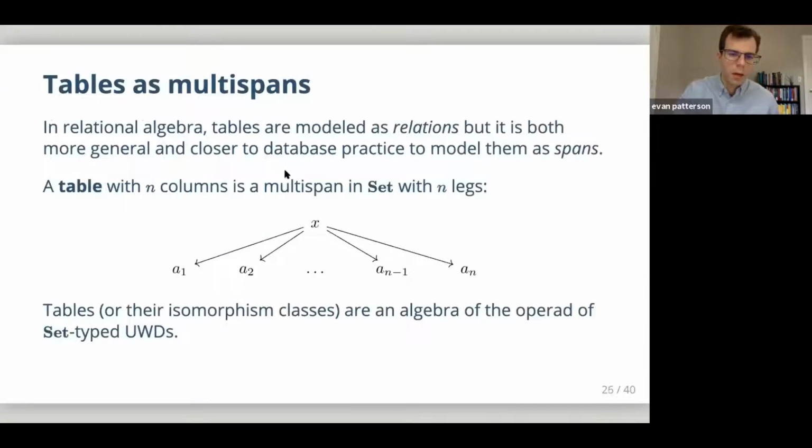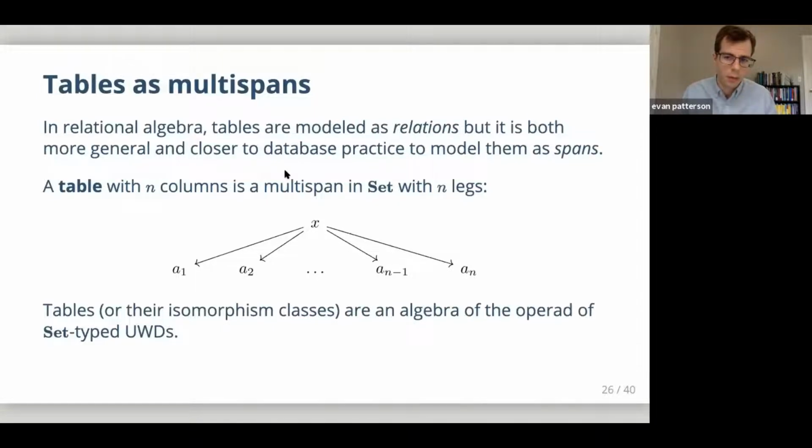Okay, so in relational algebra, it's conventional to regard tables as being relations, and a lot of the literature on database theory is written from this viewpoint, but it's not only more general, but also closer to the way databases are implemented to think of database tables as being spans.